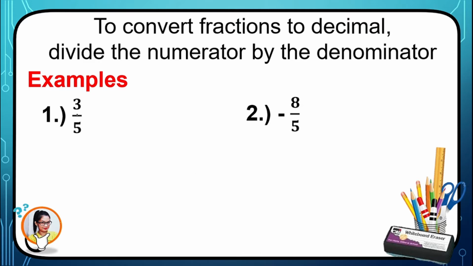For number 1, 3/5. Our numerator is 3 and the denominator is 5. So we will just divide it. 3 divided by 5. As you observe, there is no 5 in 3, so we'll add 0.